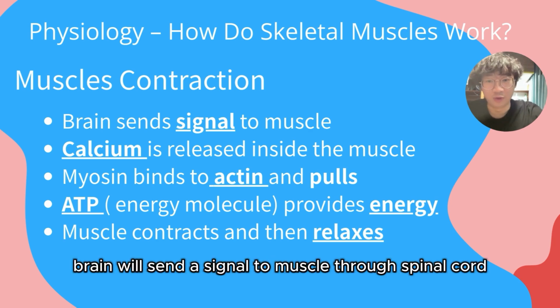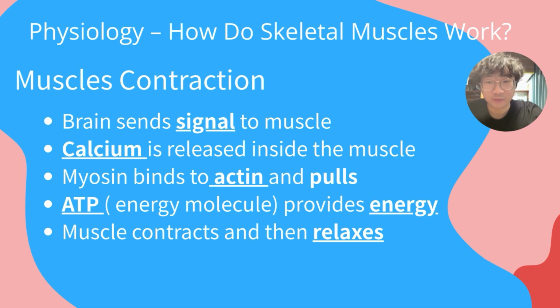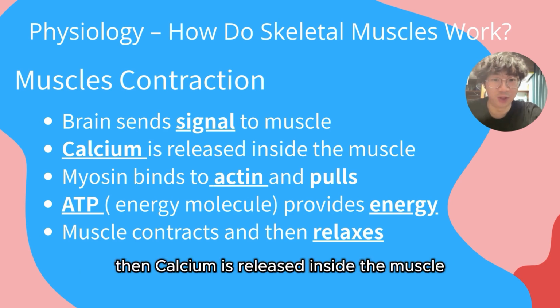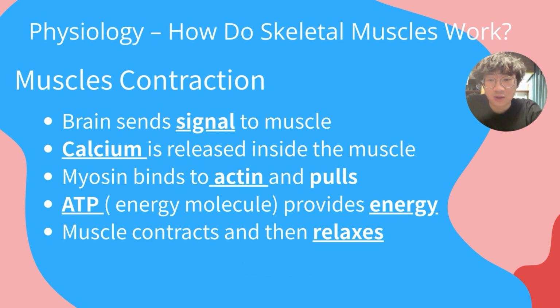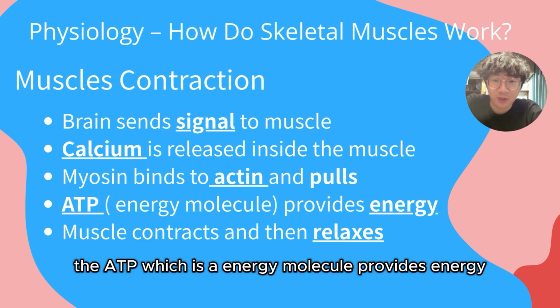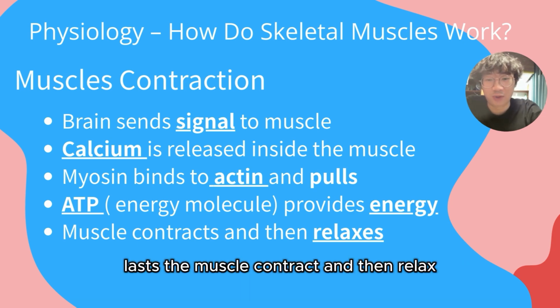First, the brain sends a signal to the muscle through the spinal cord. Then calcium is released inside the muscle. After that, myosin binds to actin and then pulls. After that, ATP, an energy molecule, provides energy. Last, the muscle contracts and then relaxes.